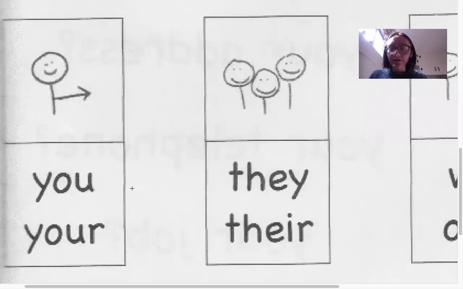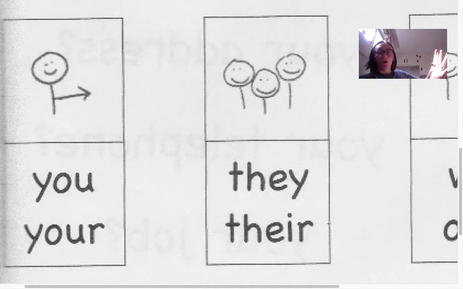Now you can also say they or their. They or their you can use for a group of people that you are not with, or you can use they or their for just a person. You could say they live upstairs. You could say they are my friend, and you're just talking about one person.